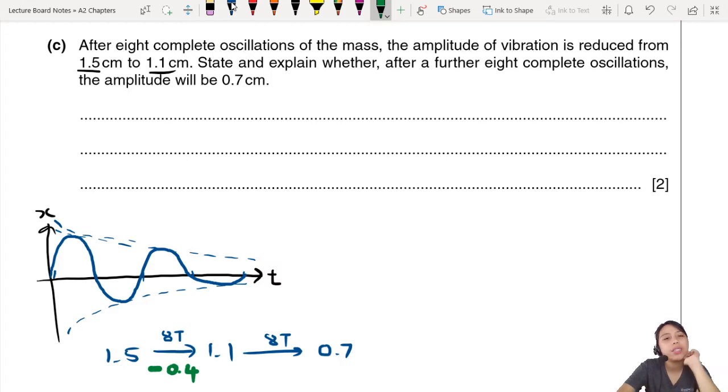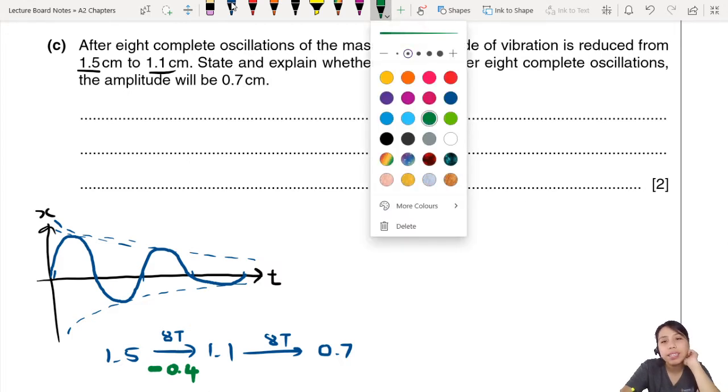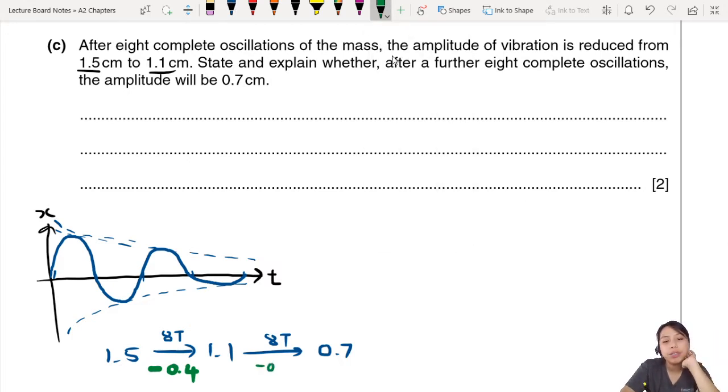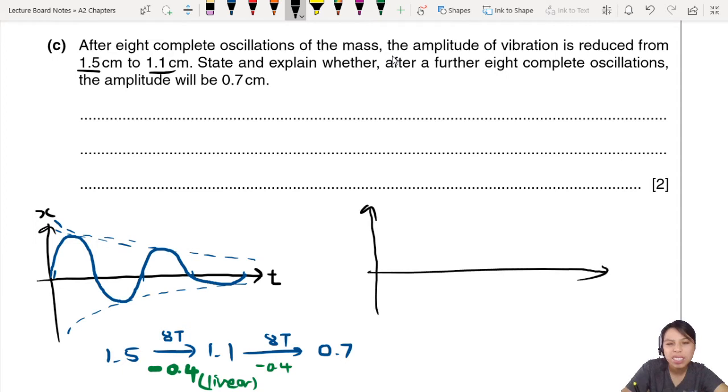Then they say, maybe after that it decreased by 0.4 again. That is what we call a linear decrease. Linear scale. So if I draw it out, it's going to look something like that. 1, 2, 3, 4. Linear scale is your straight line graph, so like that.